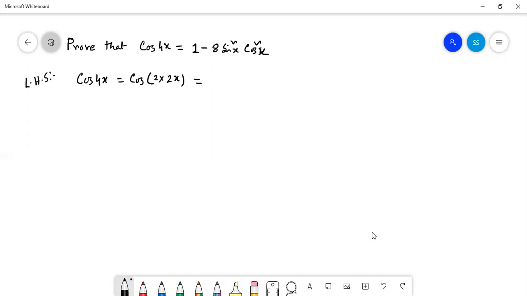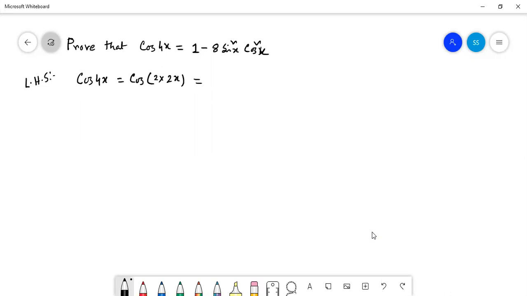Look here, 1 minus something. What is the formula for this? There is a formula for cos 2 theta equal to 1 minus 2 sin square theta, right? Yes, sir. So we are using 1 minus, as in your given proof the right hand side is 1 minus something.